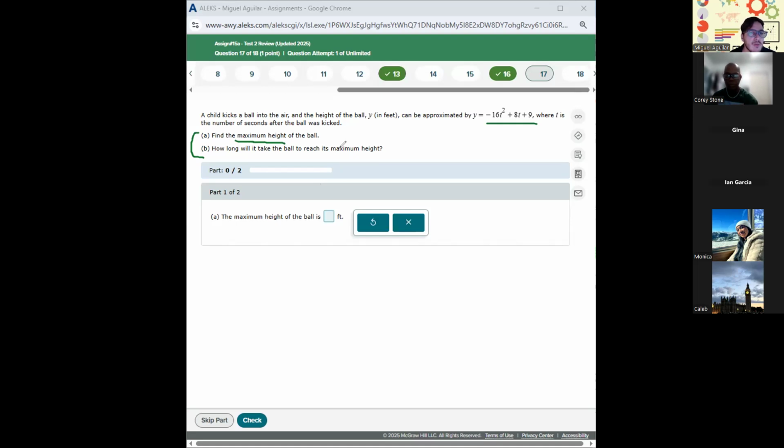Okay, so this is where it's going to take some reading comprehension. I feel like it's not a math issue so much as a reading comprehension skill. What does the y represent in this equation? Did it say in the word problem?